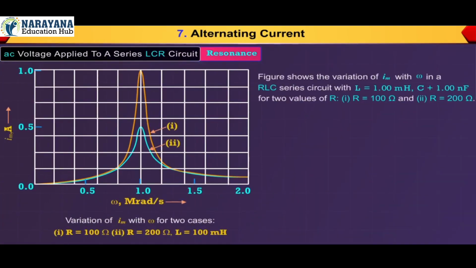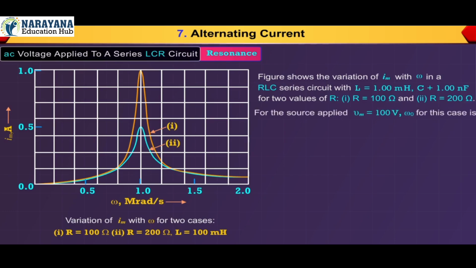Figure shows the variation of Im with ω in a RLC series circuit with L = 1.00 millihenry, C = 1.00 nanofarad, for two values of R: number 1, R = 100 ohm, and number 2, R = 200 ohm.